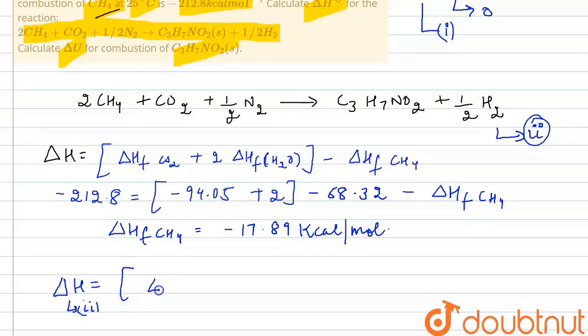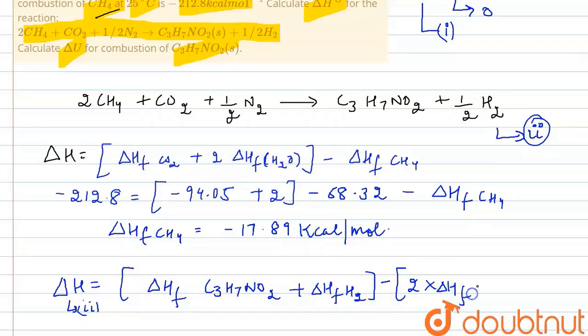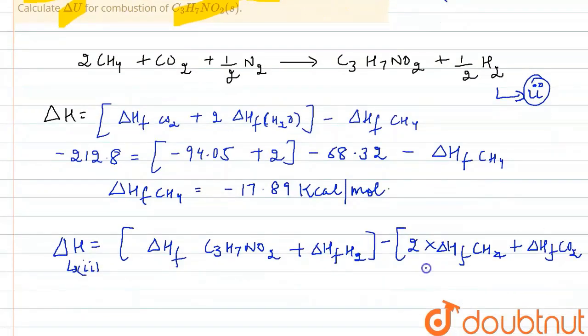The enthalpy of formation of C3H7NO2 plus the enthalpy of formation of H2, minus twice the enthalpy of formation of CH4, which we calculated, plus the enthalpy of formation of CO2 plus the enthalpy of formation of N2.